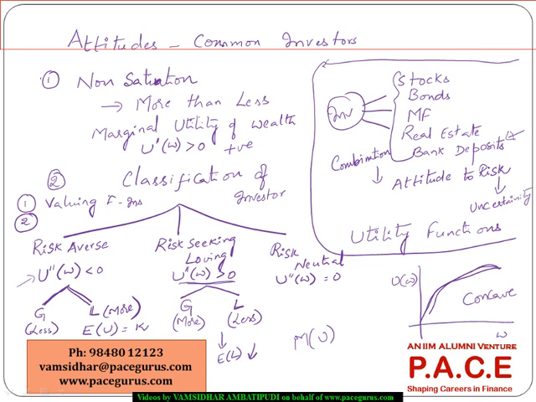Even though there is the slightest possibility of a gain, he is ready to go for it because he is looking at the potential increase in his wealth rather than the downside where his wealth can go down. So his graph, his utility function, will always be convex in shape.